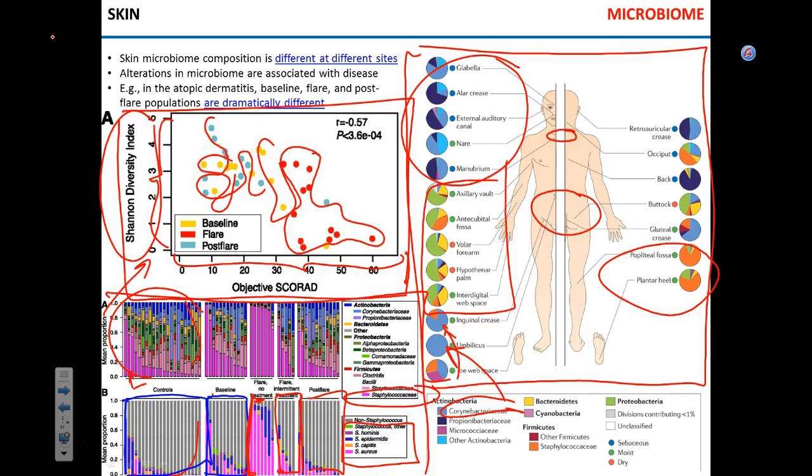So it shows you that there is a strong association between the number of Staphylococcus species on the skin and atopic dermatitis. Now, does it have any therapeutic potential? It's hard to say. If we can develop maybe a cream that will increase the microbial diversity, maybe it will help.